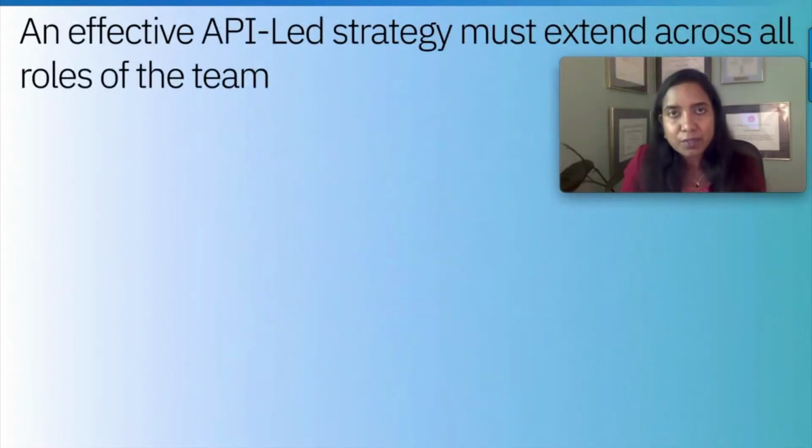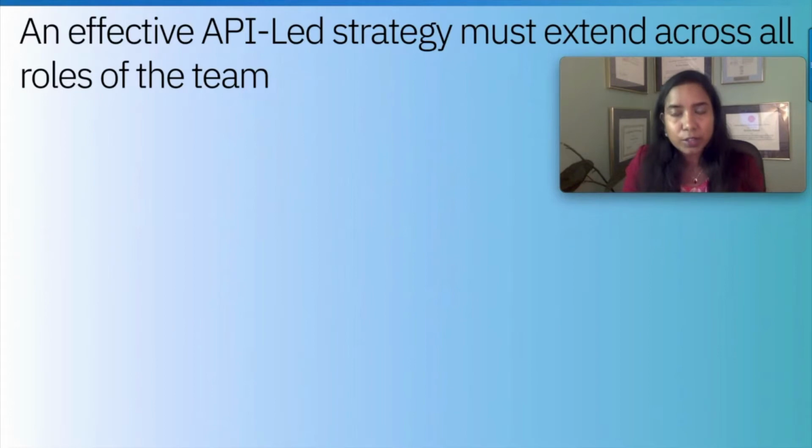As you can see from the API lifecycle, there are various tasks involved, and each of those will need different kinds of skills: API development, securing your APIs, managing and monetizing them, socializing them, designing your API flows. So there are a number of things involved. A very good API strategy would extend across all teams in an organization.